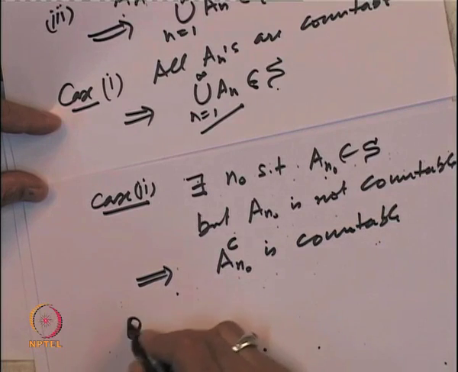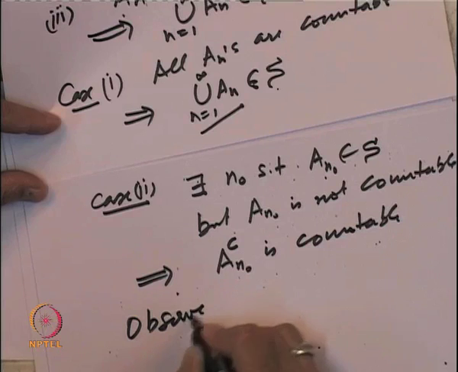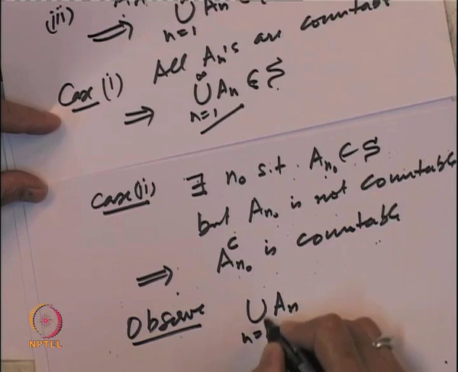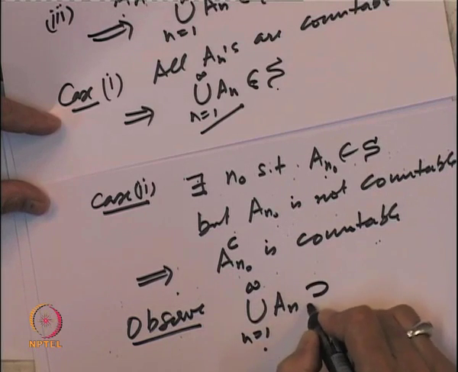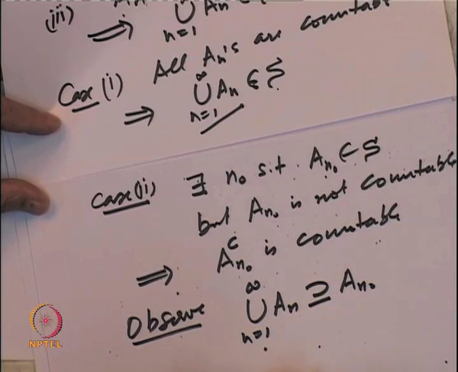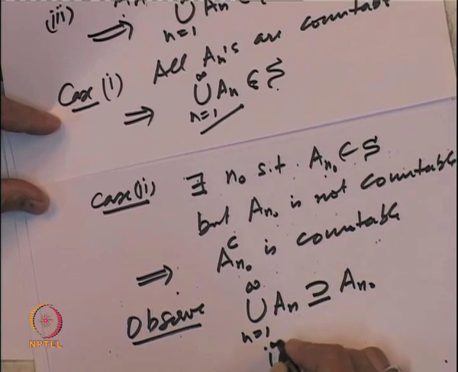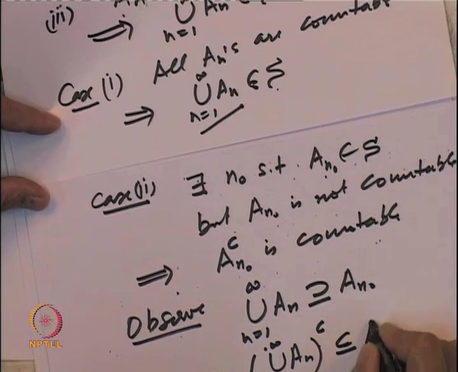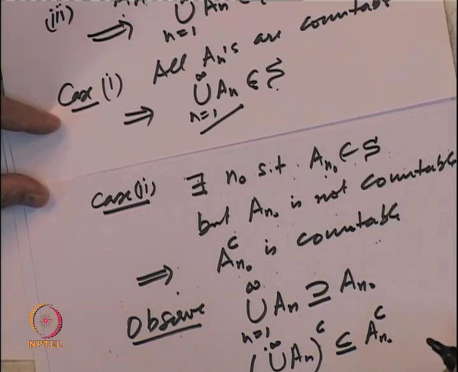And now, observe that union of A n's n equal to 1 to infinity includes the set A n naught, because that is one of the members. So, that implies that the complement of union of A n's n equal to 1 to infinity is contained in A n naught complement, and this is countable.